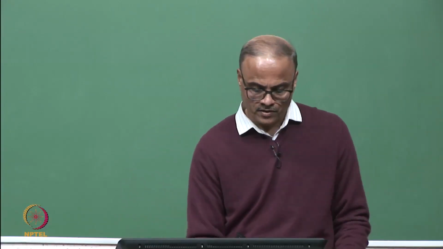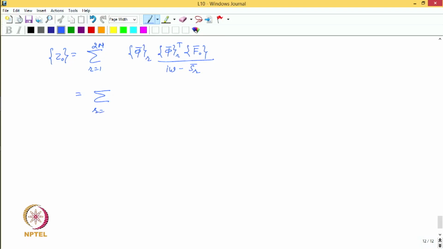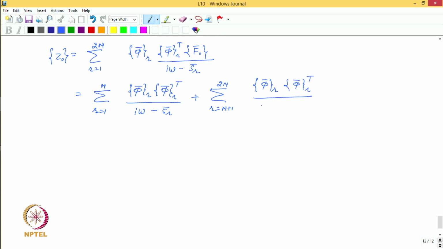So, the first part is the sum of phi bar r, phi bar r transpose divided by I omega minus S r bar, plus the second part with r varying from n plus 1 to 2n, with the same expression.